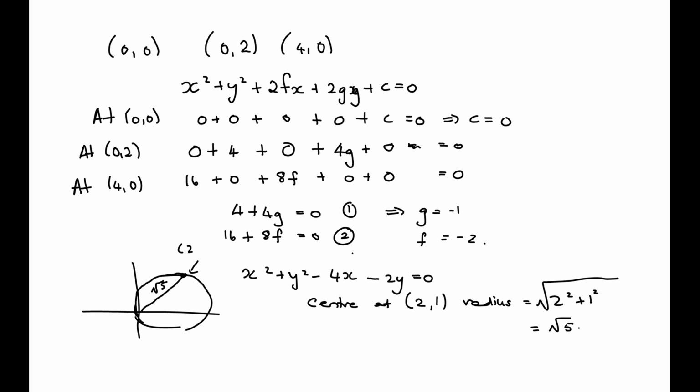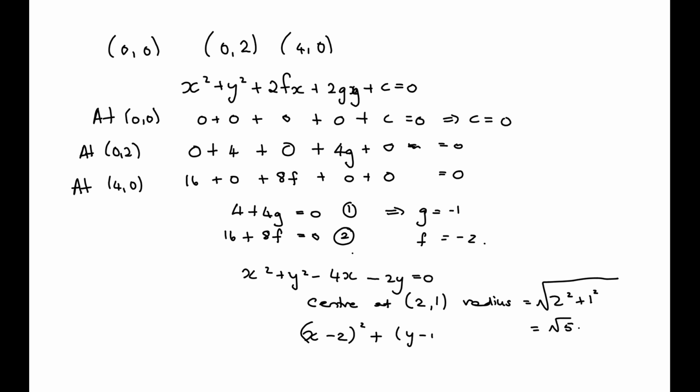I'm just going to delete the whole lot. If you were going the other way, if you knew the centre, then it would be x minus 2 and y minus 1 would be equal to r squared, which would be root 5 squared. And that's what we had.